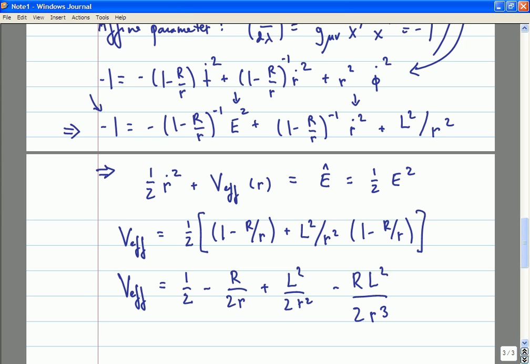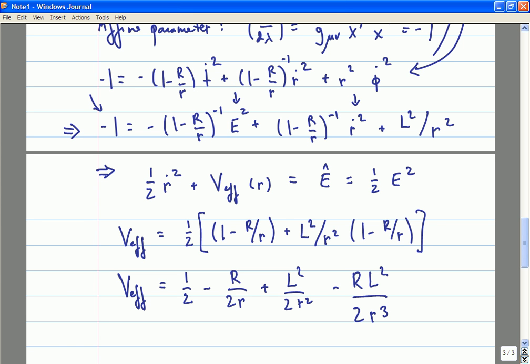So what have we seen? What we have seen is that the geodesic equation for an observer moving on a time-like geodesic in the Schwarzschild geometry is just that of a particle moving in a potential.